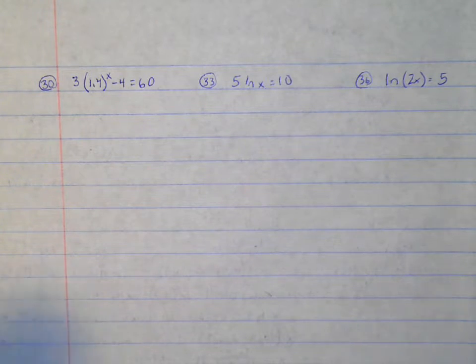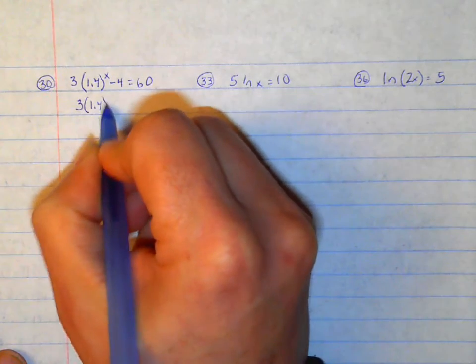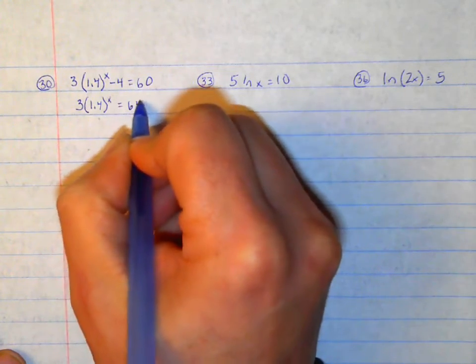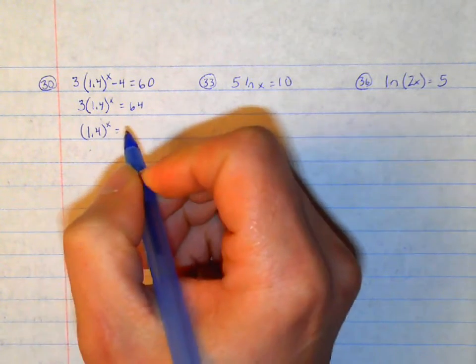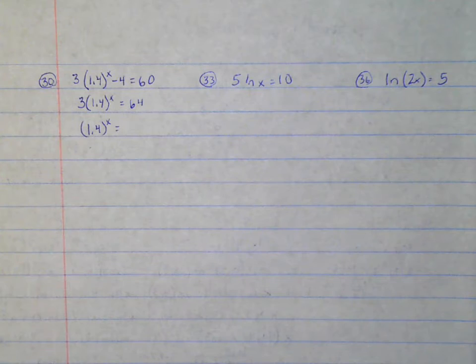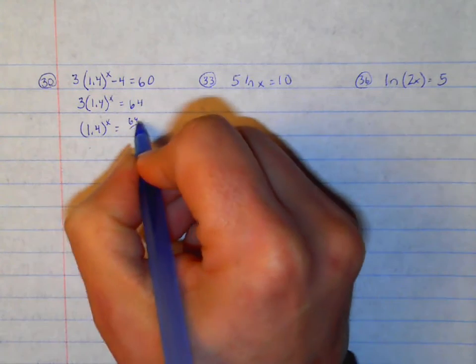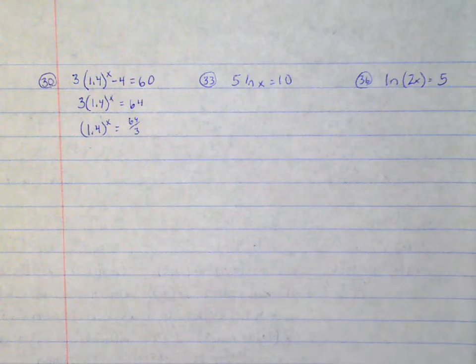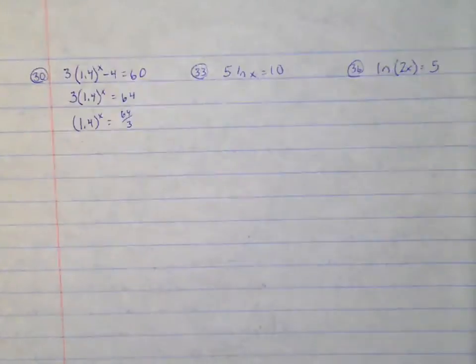Number 30, I'm going to add the 4 over. I'm going to divide by the 3. Don't really need the parentheses there anymore. Which doesn't simplify, it would just be 64 thirds. Now, with the exponent here, I'm going to take the log of both sides.